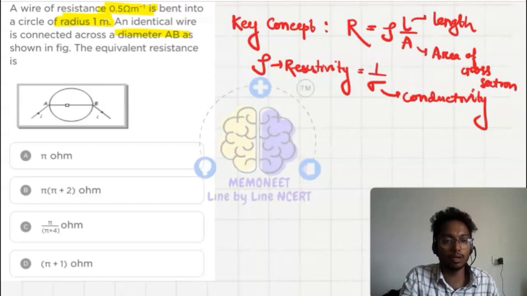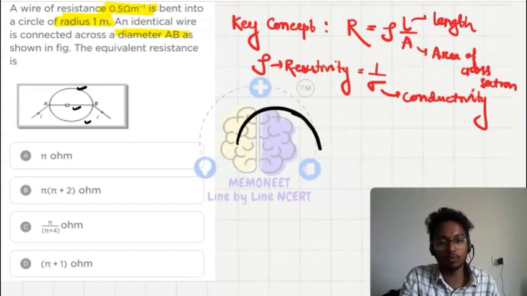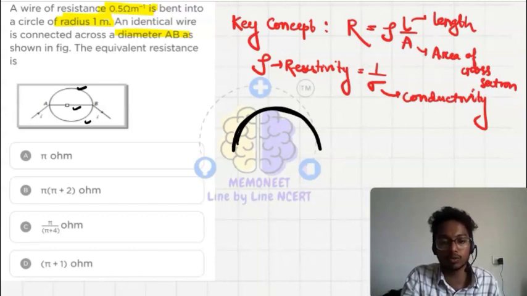We have 3 sections of wire. This is one section, and this is one section. So what is the length of this section? It is a half circle. The circumference of the full circle is 2 pi r, so the length will be pi r.